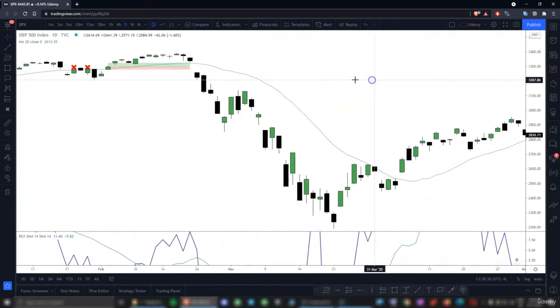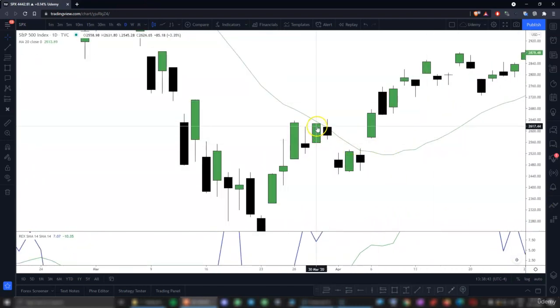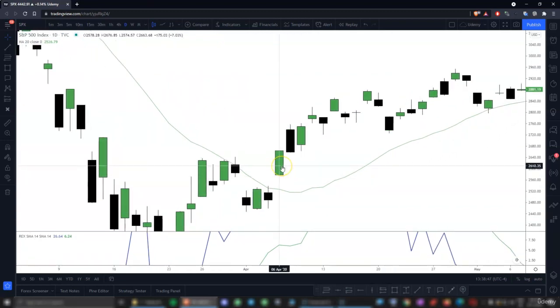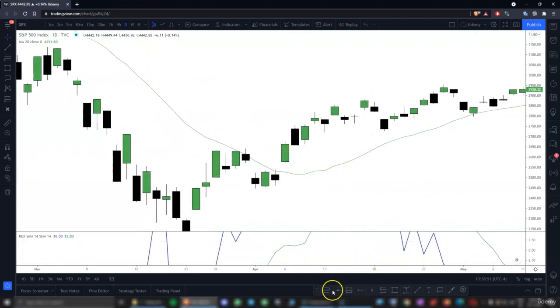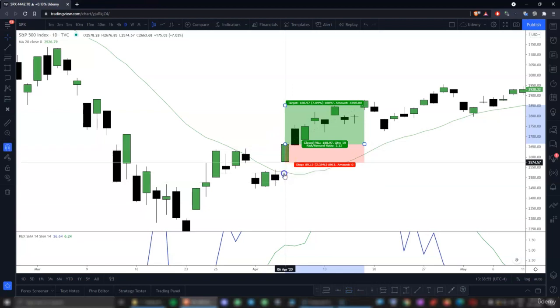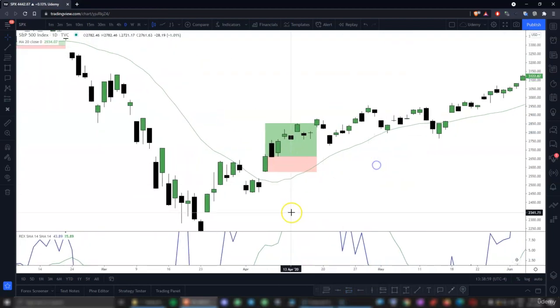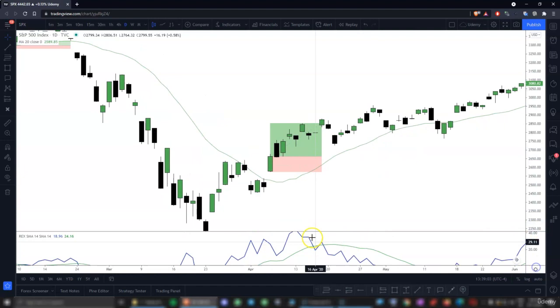Then we have a pretty long period where there is no buy signal, and here we get a buy signal. I just add it here. The Rex is above, and on this day it crosses below.